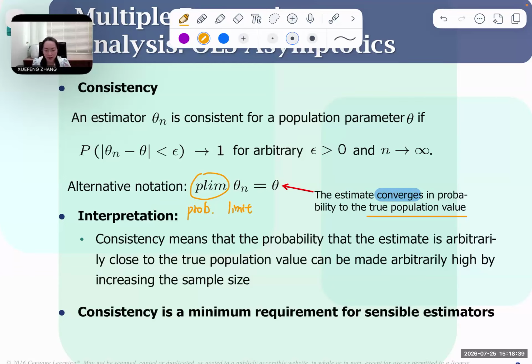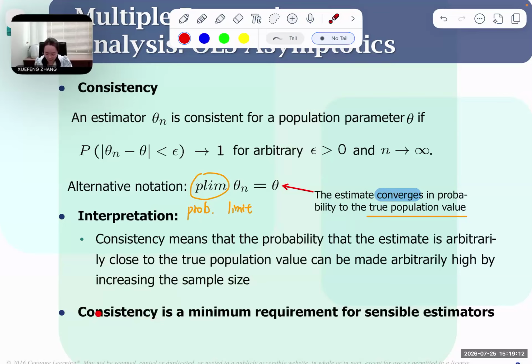But consistency means something else: with enough data, we get arbitrarily close to the right answer, even if in principle we were biased in small samples. Consistency means that the probability that the estimate is arbitrarily close to the true population value goes to one.